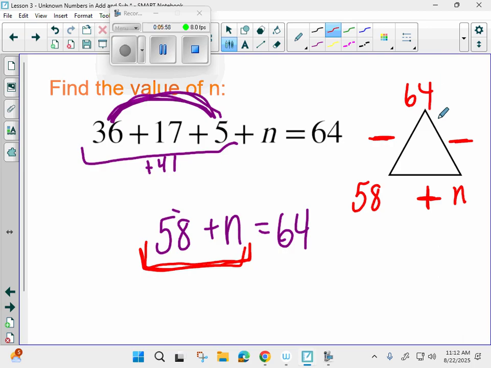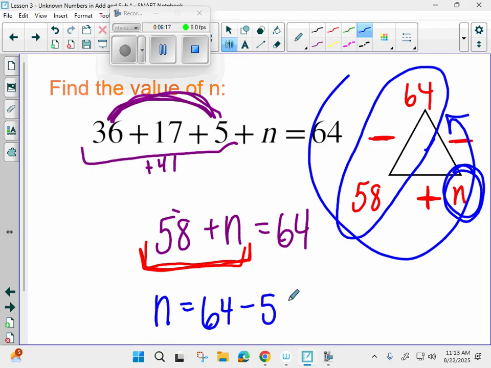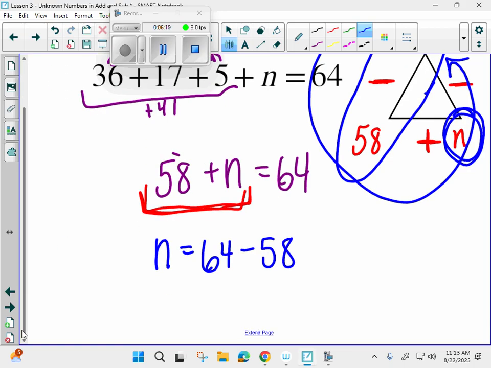Again, the inverse operation of addition is subtraction. And so how am I going to find n? Well, it tells me right here, and we always read in this direction, right? So n equals 64 minus 58, which is, thanks, okay?